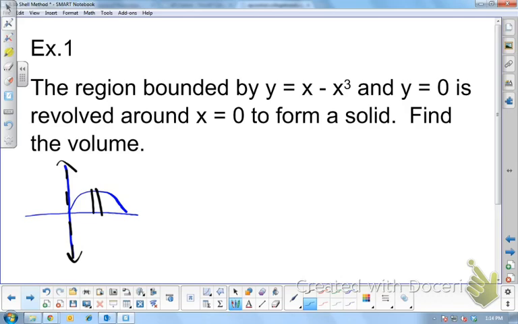So what will the height of this section be, this partition? The y value on the function. No matter where I took this partition, it only ever goes up to the function. So the height in this case is the function itself.